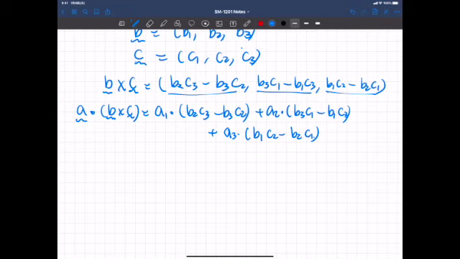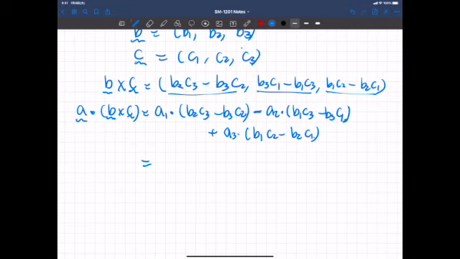Now, maybe we should swap the sign of the second term. So let's put a negative sign here and change the order, so that would be B1 C3 minus B3 C1. We just put the minus sign out here.